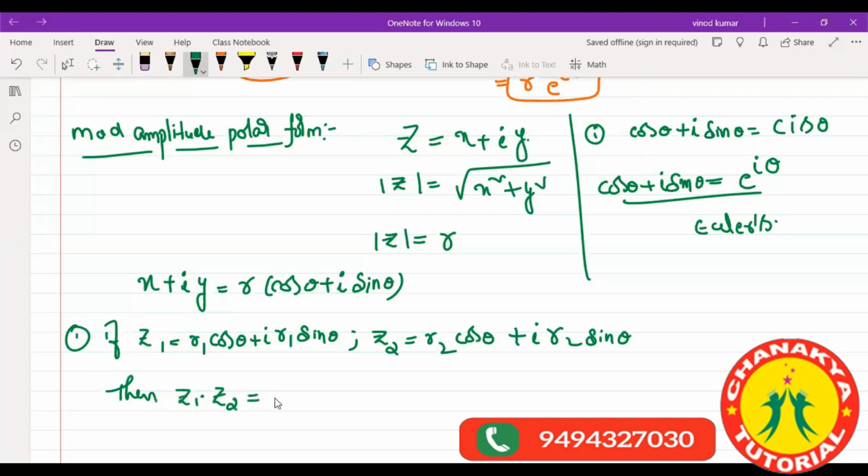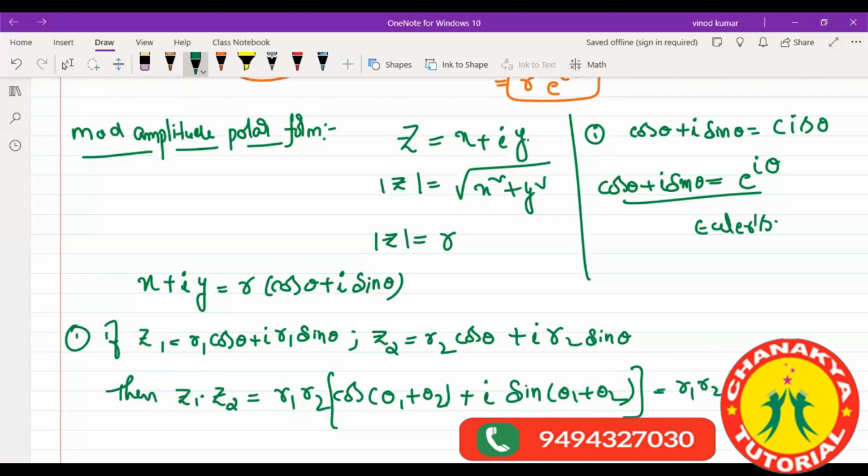Z1 into z2 is r1 r2 cos of theta 1 plus theta 2 plus i into sin of theta 1 plus theta 2. Using the cos of A plus B and sin of A plus B formulas, we get this. So this can be written in terms of cis as r1 r2 cis of theta 1 plus theta 2.